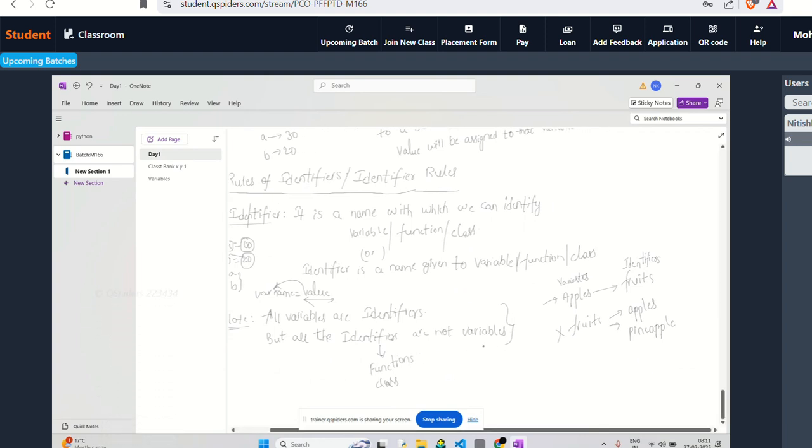See, all apples are fruits, but all fruits are not apples because in fruits we can have some other types also. Similar way in identifiers we can have functions and classes also. So all identifiers are not variables, but all variables are identifiers.